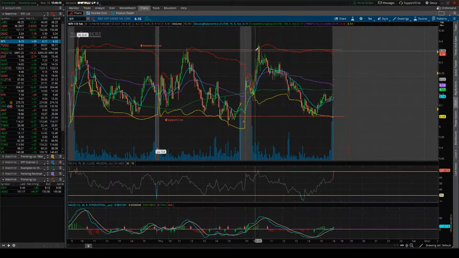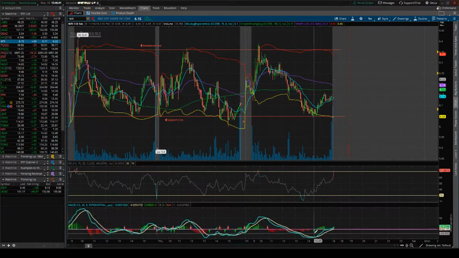So knowing that, I would wait for this to bounce off this support line like it did here, and then as it's increasing in value, you want to wait until they're trending above the exponential moving average line. And using the MACD indicator, you want to make sure that the bars are showing green.